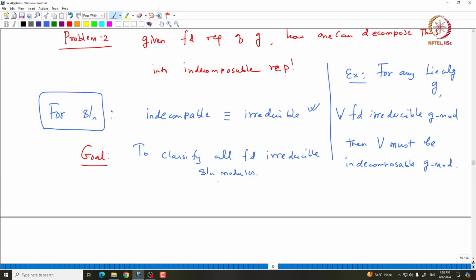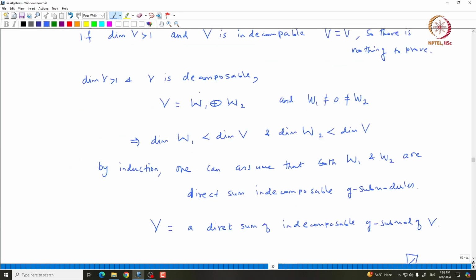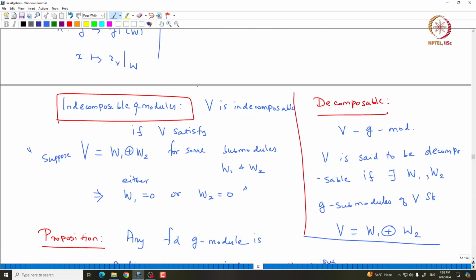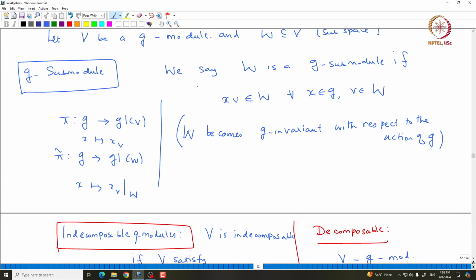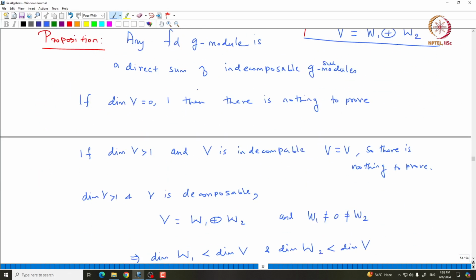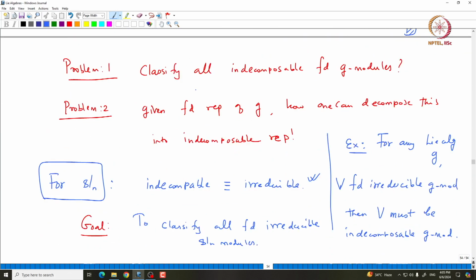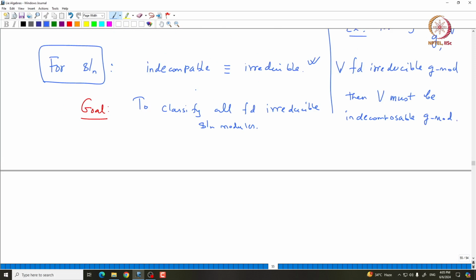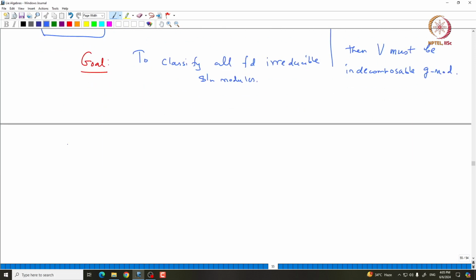So, now let us move on. I defined submodule and then indecomposable module. We will now define irreducible module. Anyway, I used the notion already, but irreducible module means it is a G module V that has 0 and V itself as the only submodules.